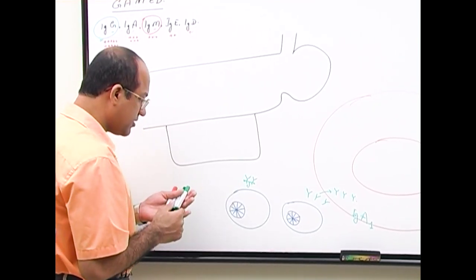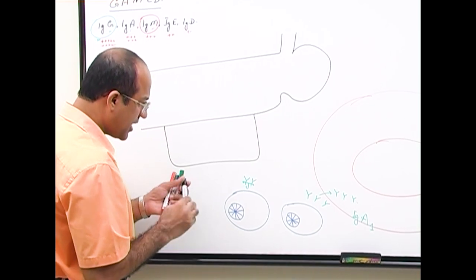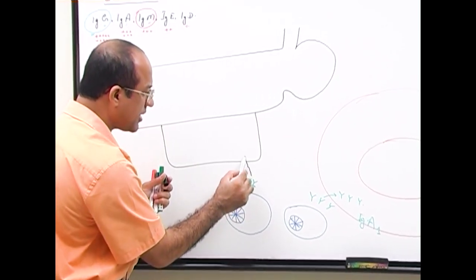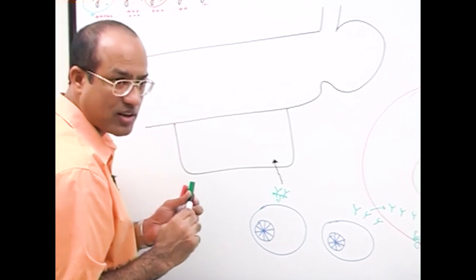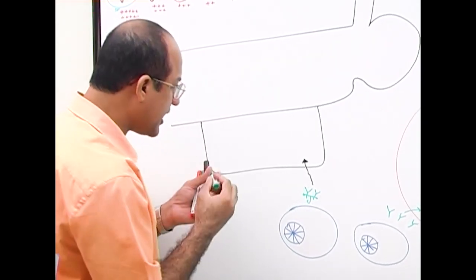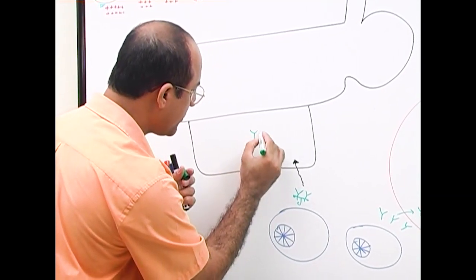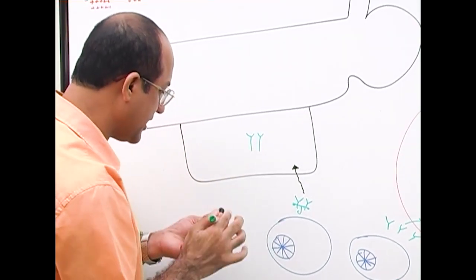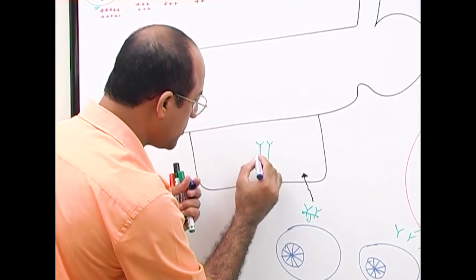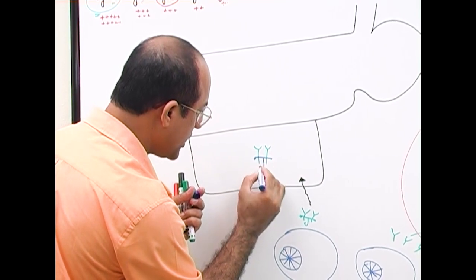This dimer is internalized by, it enters into, what is this cell? The mucosal epithelial cell, right? And once IgA dimers are inside, they were already joined by which chain? J chain.